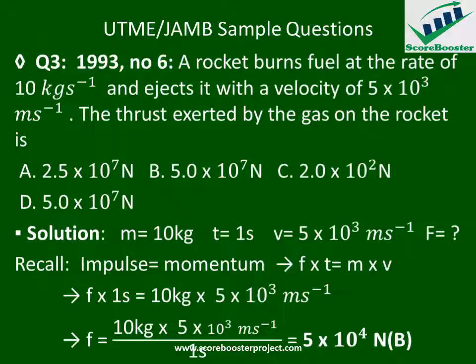So you can divide both sides by 1 second, and that will give us force F equals 10 kg times 5 times 10 raised to power 3 meter per second divided by 1 second, making the answer 5 times 10 raised to power 4 Newton, making our final answer 5 times 10 raised to power 4 Newton, making option B the correct answer for this particular question.